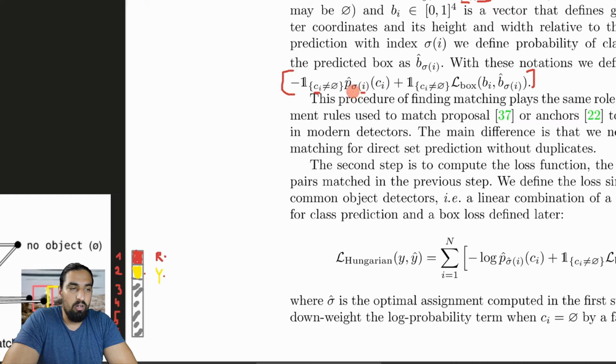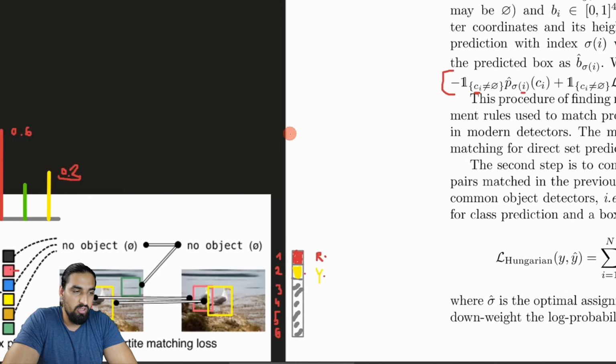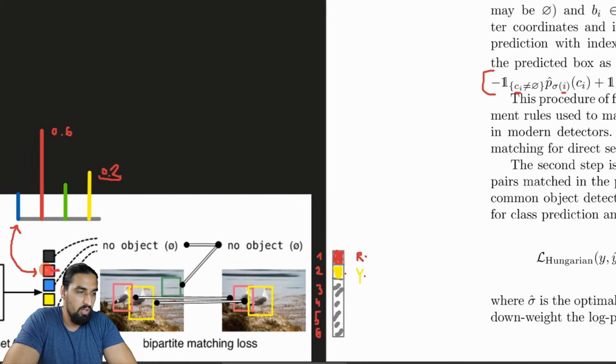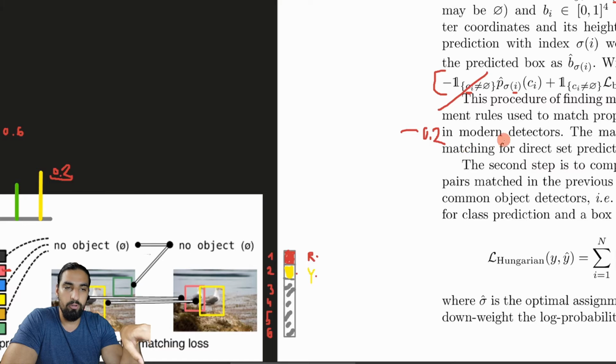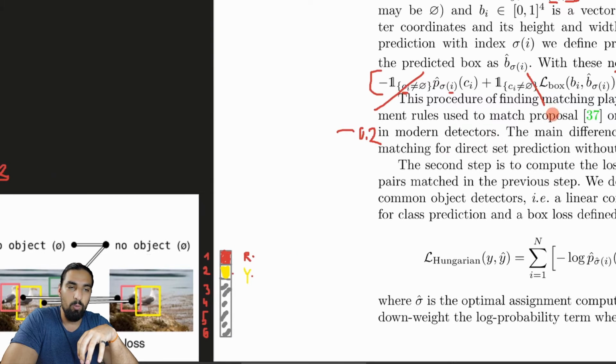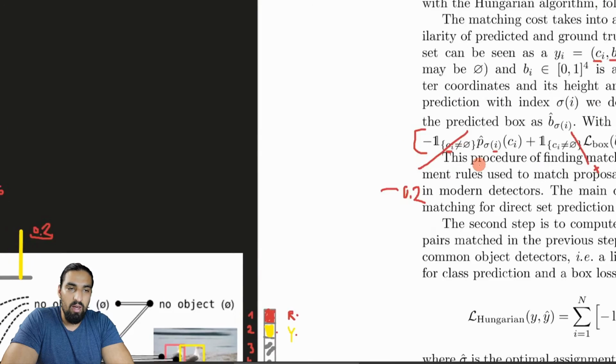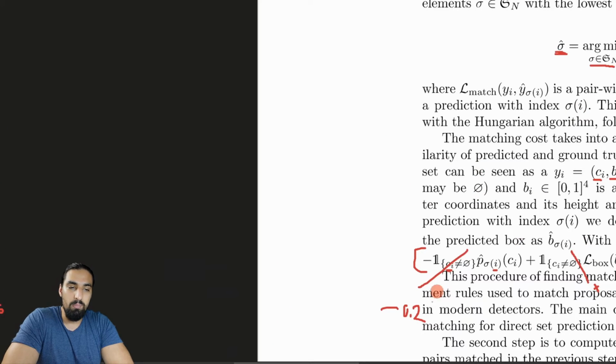And now for the fun part, the probability of the yellow class for the second index here, as we can see, is 0.2. And that means we'll end up with minus 0.2 here. That's minus 0.2, and this is going to give us some value, whatever that may be. Let's just denote it as x. As you can see, the goal will be to find a permutation that minimizes all of these.